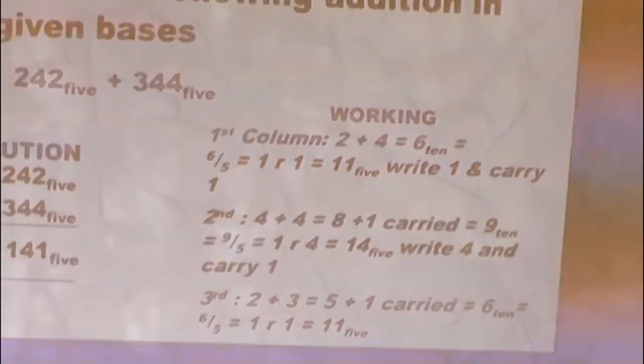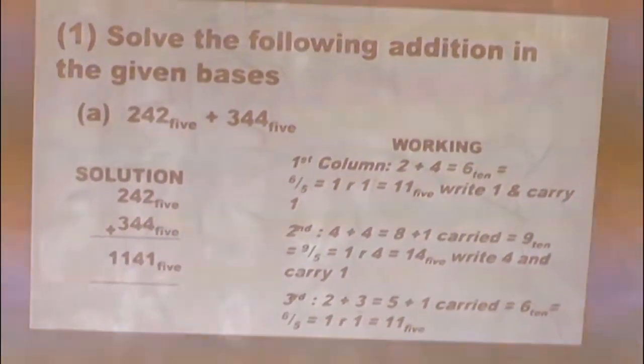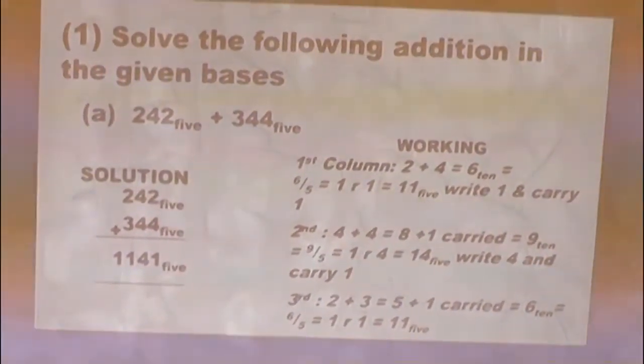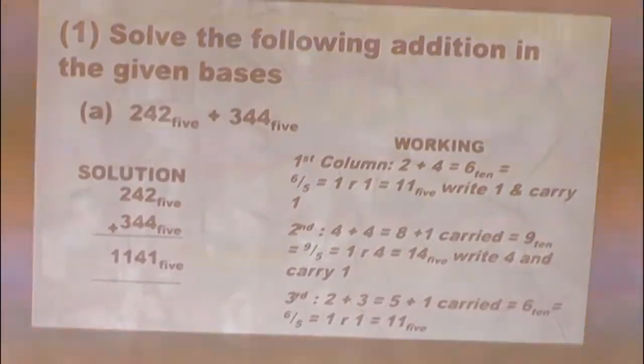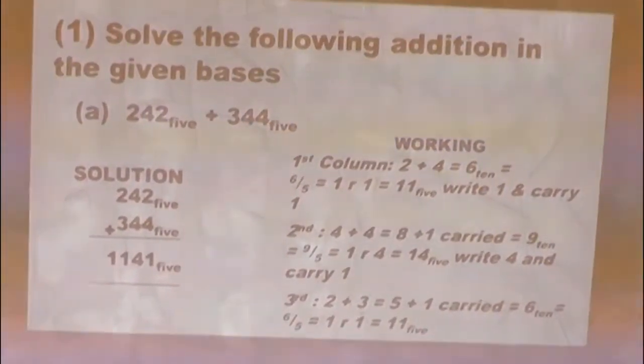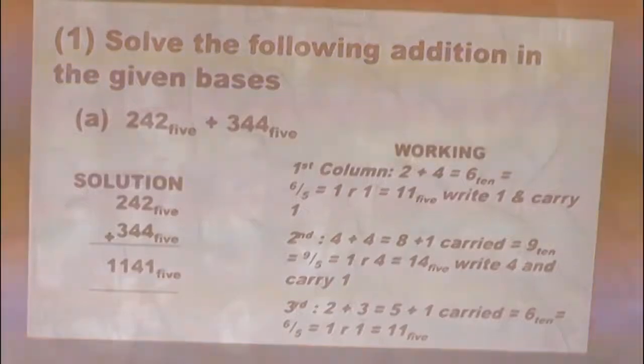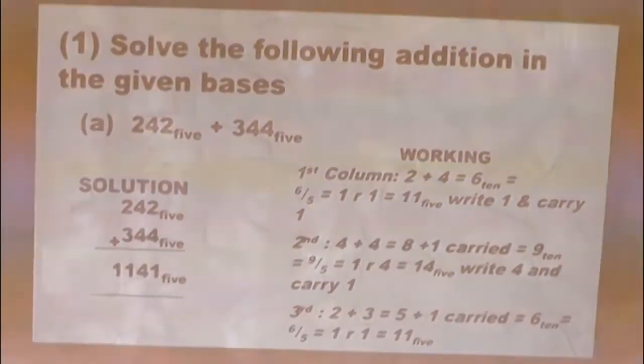Since we don't have a next column, just as in our base 10 addition, we will write the whole 1, 1. So the addition of 242 base 5 plus 344 base 5 will give us 1141 base 5.